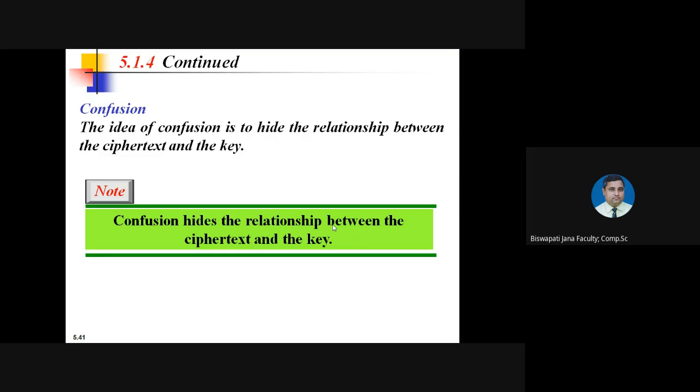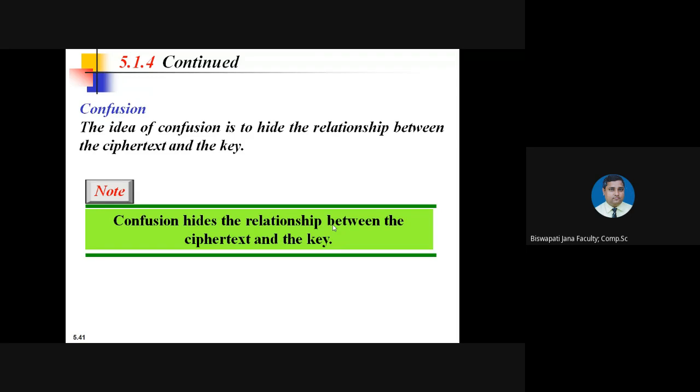Another is called confusion. These two are important terms you have to keep in mind. Confusion means the idea of confusion is to hide the relationship between the ciphertext and key. The previous one, the ciphertext and plaintext, is called diffusion. And confusion is the ciphertext and key.